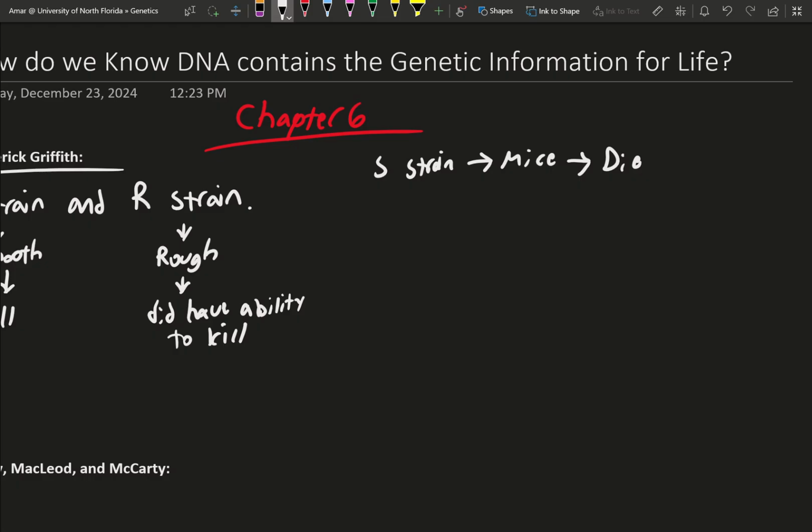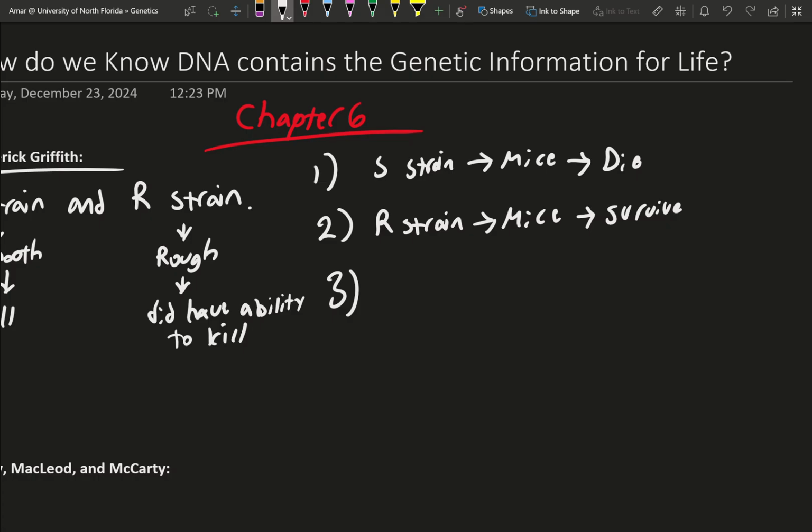The second experiment was he took the R strain bacteria, injected it into the mice, and after injection, they all ended up surviving. The first 2 experiments are what we expected to see from the information that we have so far.